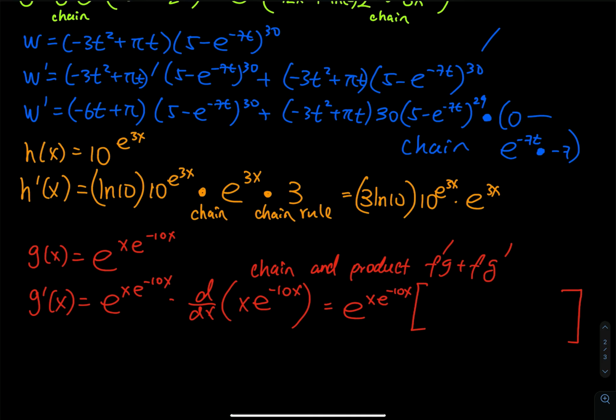So the derivative of x is 1, and then e to the -10x. I prefer to write a 1 rather than nothing, so when I check my work, I know I took the derivative of x. And then plus f, the derivative of the e is e to the anything, right? And then what else? Chain rule, the derivative of this power is -10.